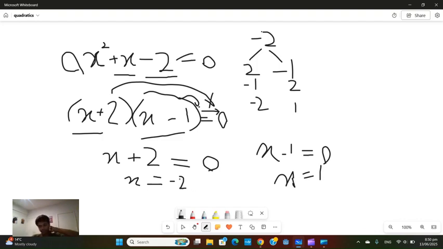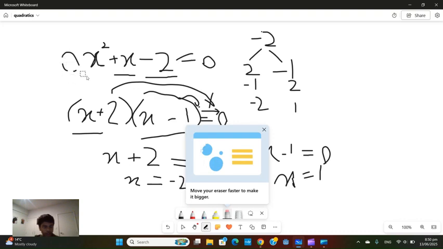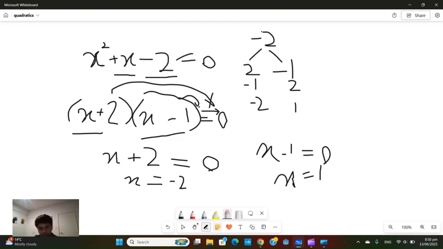If you're a newbie, if you've only done linear algebra so far, this might be confusing. Which one is it? x equals negative 2 or x equals 1? The answer is that it's both. So if we look back to our equation, let's plug in negative 2.